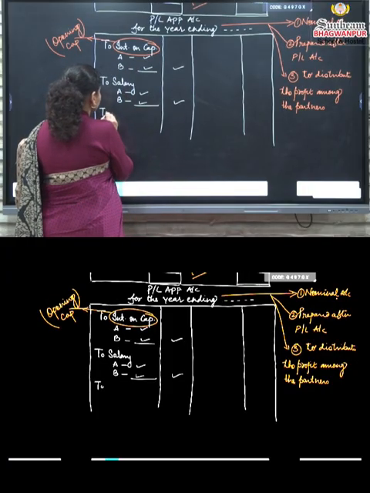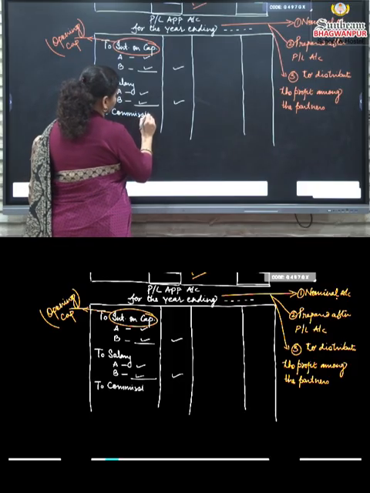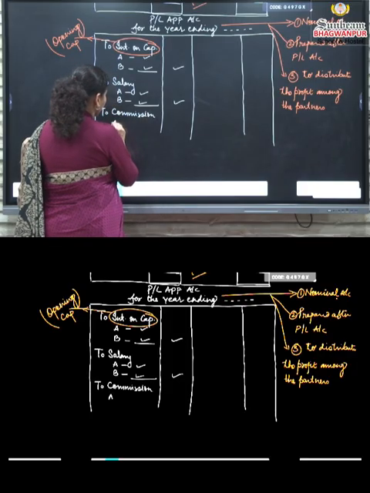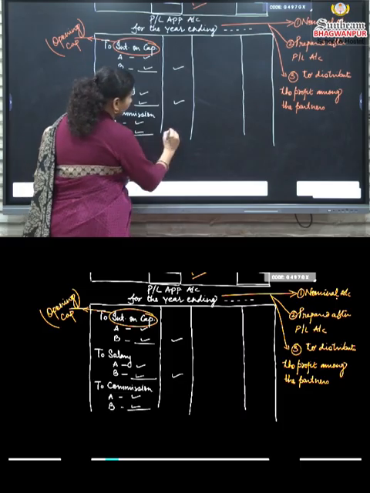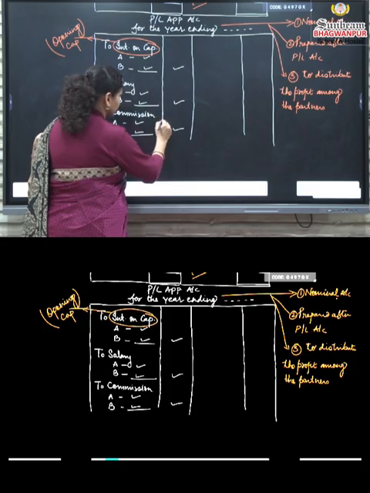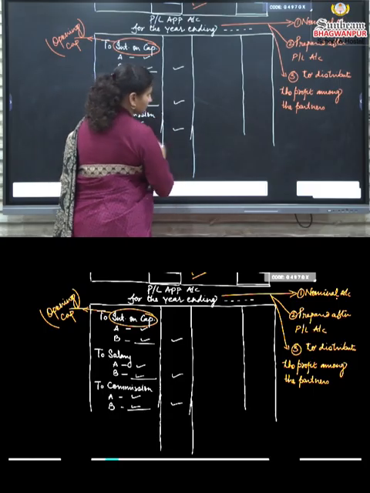Then commission, again A and B added and it will be recorded here. Now the time has come to calculate the balance, right.